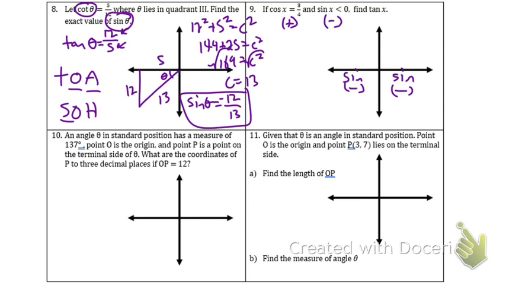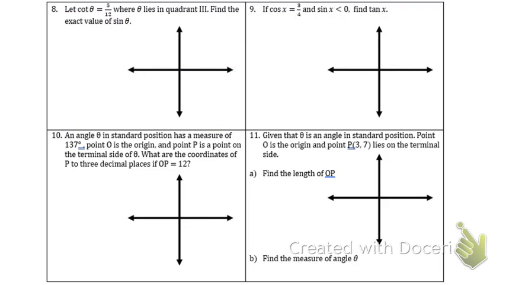And cosine is positive in these two quadrants. So where both of these are satisfied would be in quadrant 4. So we're going to go to quadrant 4. And we're going to draw a reference triangle. Cosine of x, remember this is adjacent over hypotenuse, so CAH. So that 3 is my adjacent side to this angle. And my hypotenuse is 4.